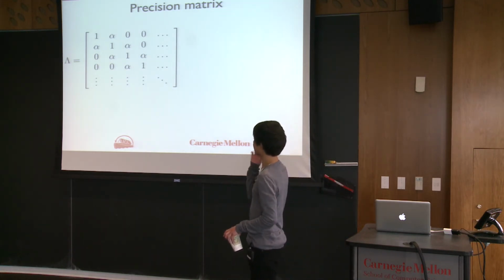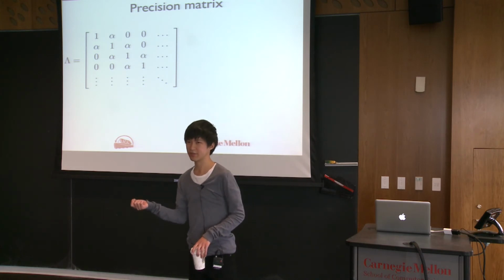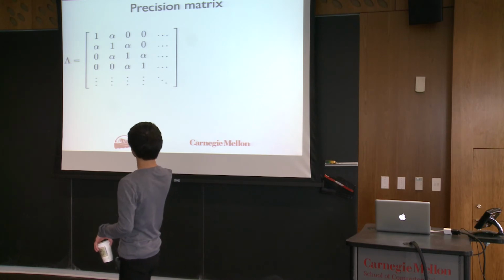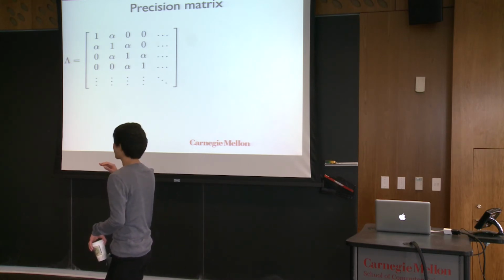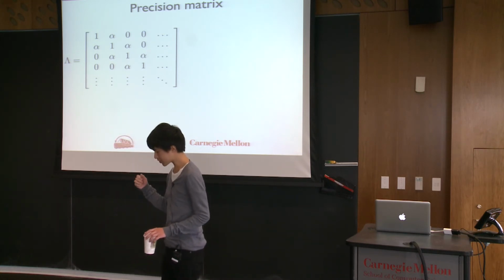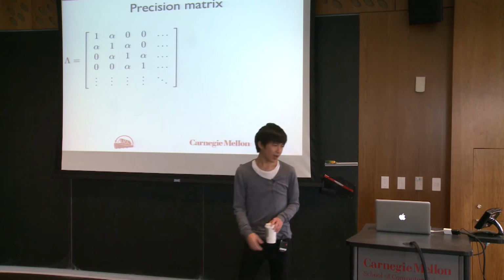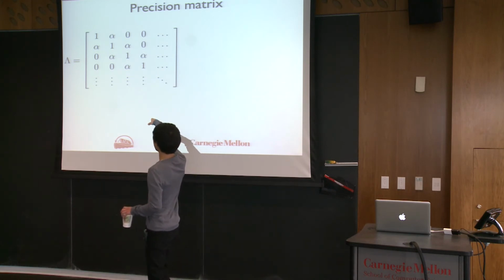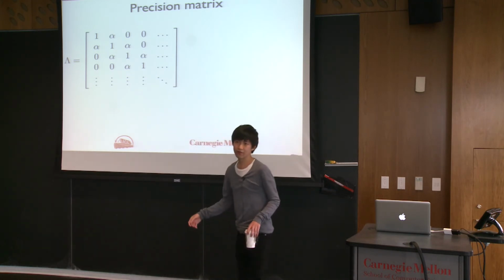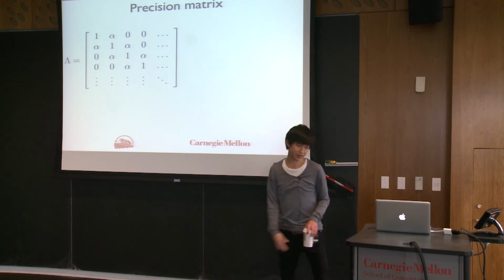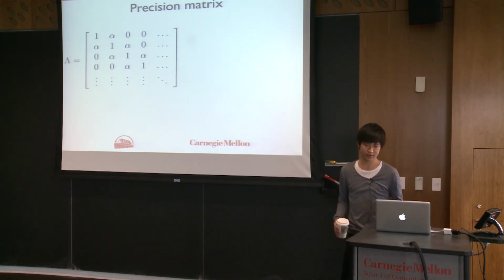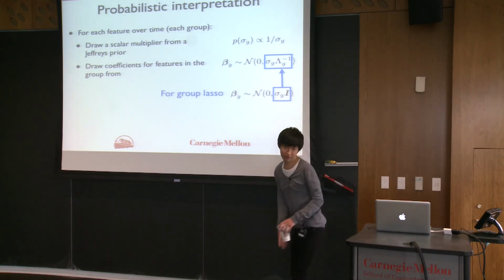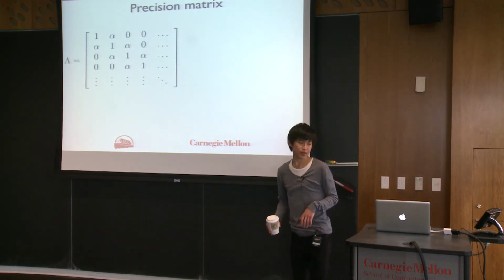We propose the following: there is one lambda for each group, and it can be different for every group. It's a tri-diagonal matrix with diagonal entries 1 and off-diagonal entries alpha. We assume all the off-diagonal entries are alpha for one matrix, so it's a uniform tri-diagonal matrix. Remember that we also multiply this by sigma, so we can just fix the diagonal entries to 1.